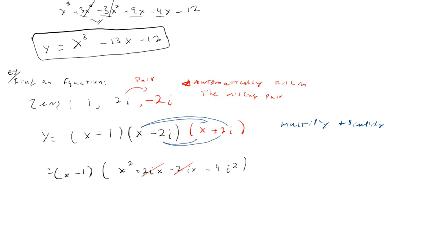What was i squared equal to? We talked about our rules here. Yes, very good, Naomi. i squared becomes negative 1. So we don't use i squared, we use negative 1, and then multiply negative 1 times negative 4. So this is going to become x minus 1 times x squared, minus 4 times minus 1 is plus 4.